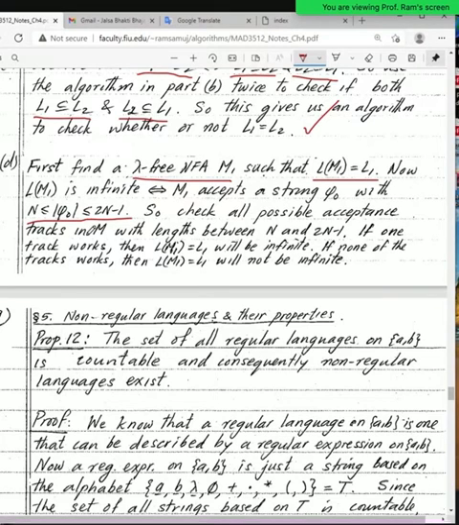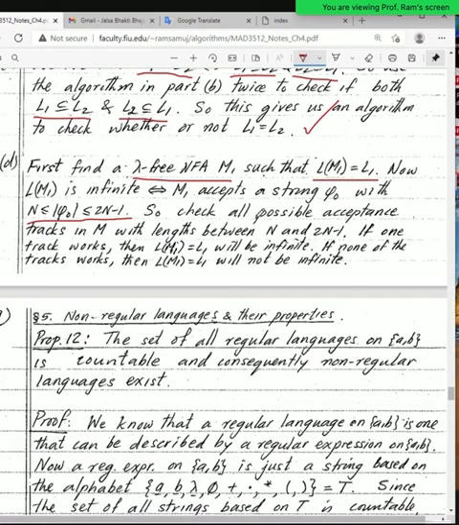DFAs are too rigid. But as long as you accept a string in this range, then you are guaranteed to have a loop. And once you repeat that loop an infinite number of times, you're guaranteed to have an infinite number of strings accepted. So the idea is, how do you know if it accepts something in this range?